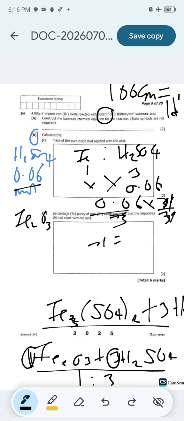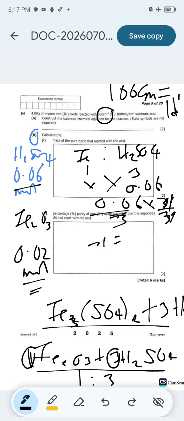0.06 divided by 3. What answer are you going to get when you punch on your calculator? You are going to get the answer of 0.02 moles.